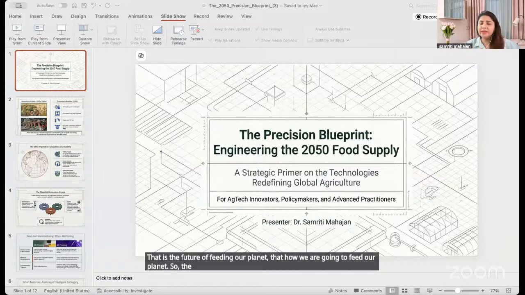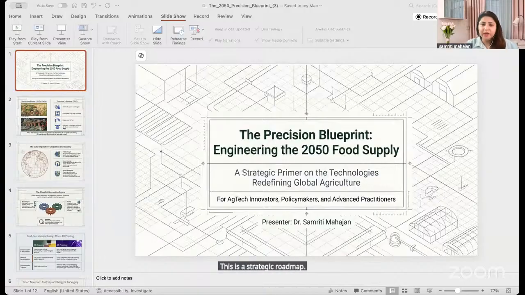The title says 2050, but I want to be very clear with you all that this is not just science fiction, this is a strategic roadmap. The technologies on these slides are either already deployed at scale or are in advanced pilot stages today. What we are really discussing is a fundamental redesign of the global food system.